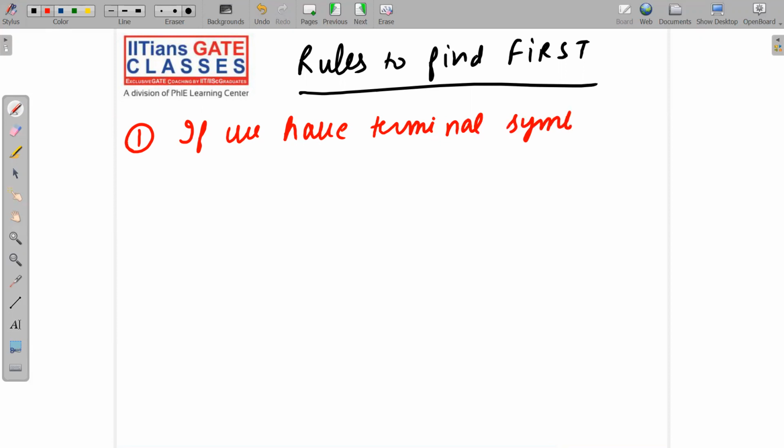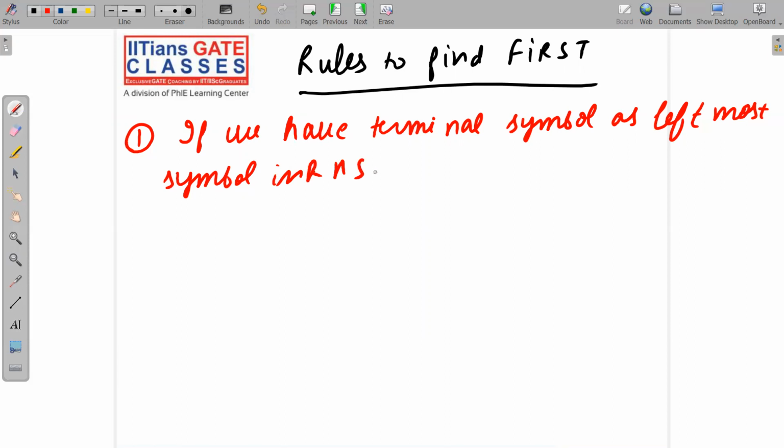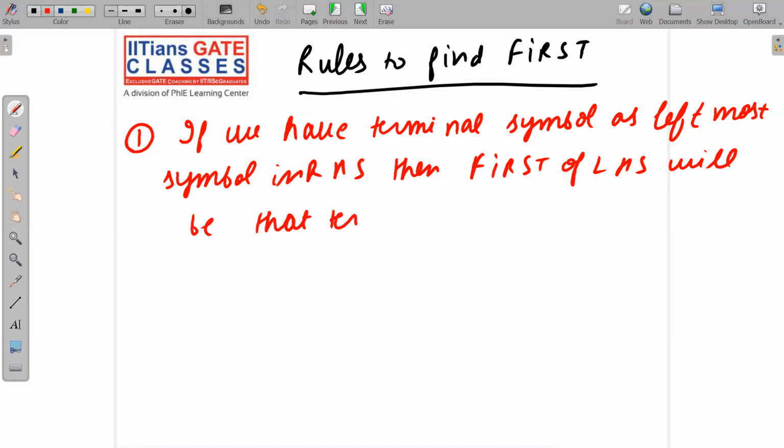First of LHS will be that terminal only.